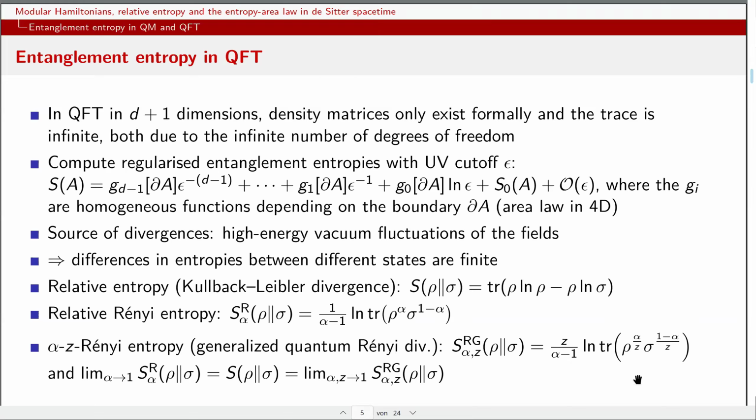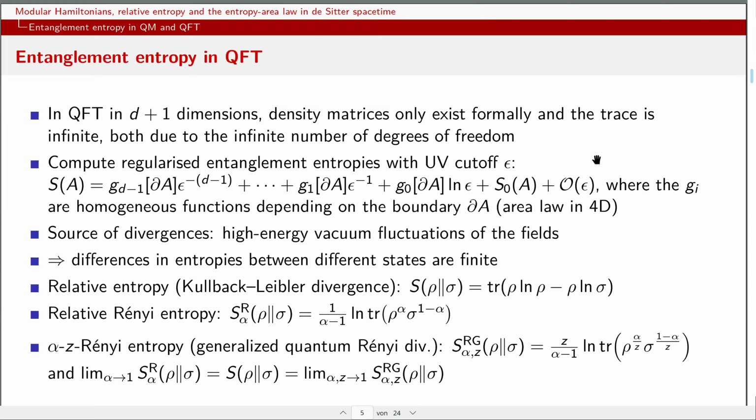So one puts the UV cutoff, say epsilon, and computes regularized entanglement entropies. And then the terms that typically come out admit an expansion in powers of the cutoff epsilon. So the leading term goes like epsilon to the minus (d minus 1). So if you're in 4 dimensions, that's epsilon to the minus 2. And then there are lower order terms. There's a logarithmic term, a finite piece, and some terms that vanish if epsilon goes to 0.